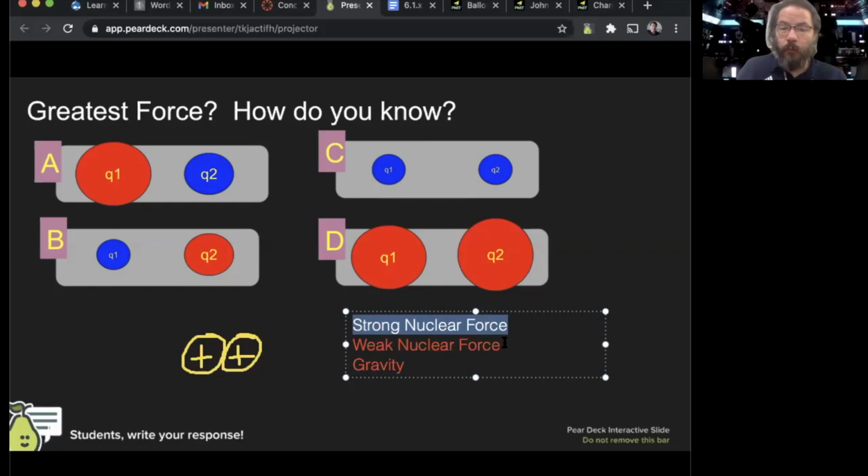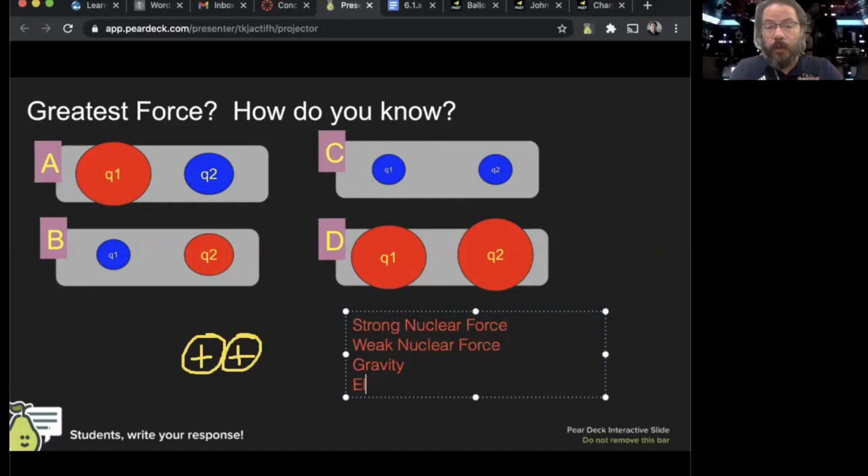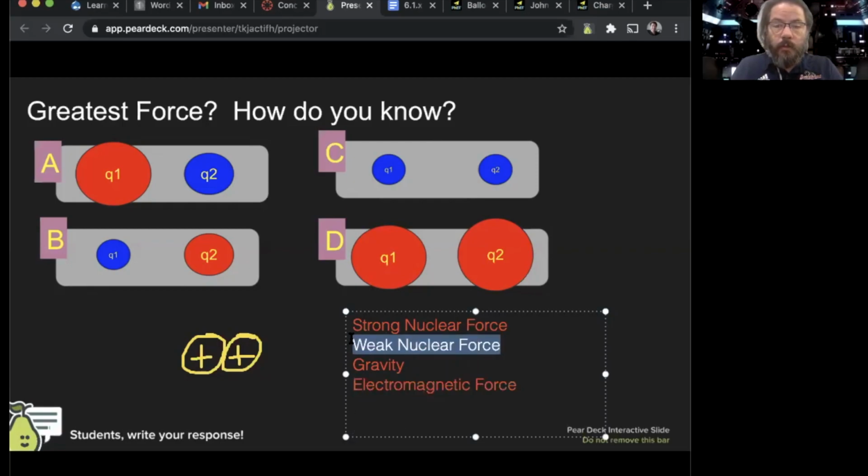So there's two other forces that we're not going to talk a whole lot about in this class because we won't have time. But there are four fundamental forces in nature. There's the strong nuclear force, weak nuclear force, and the electromagnetic force. And this one and this one have all been unified with string theory.